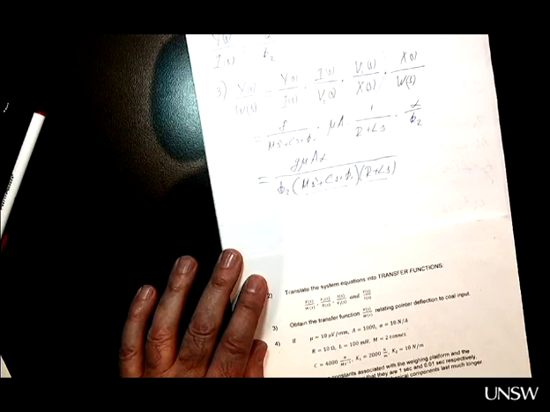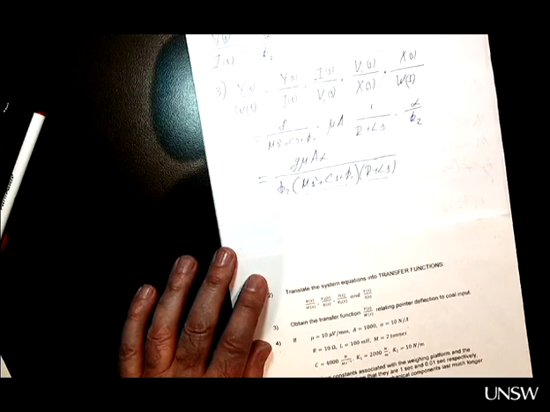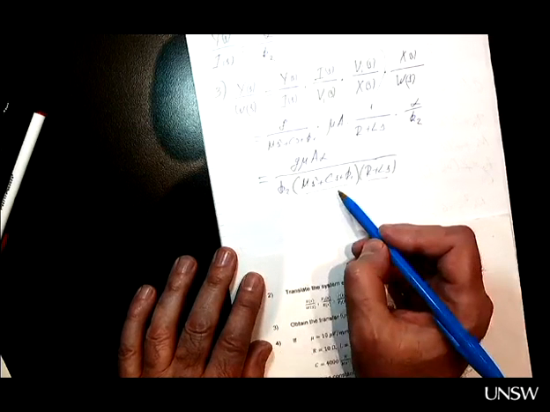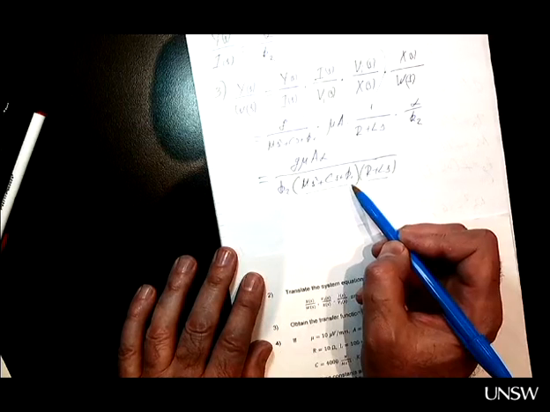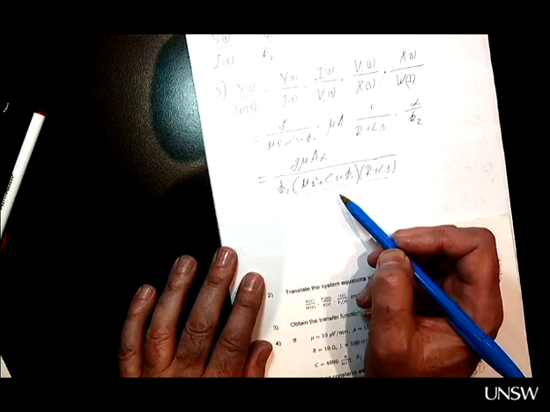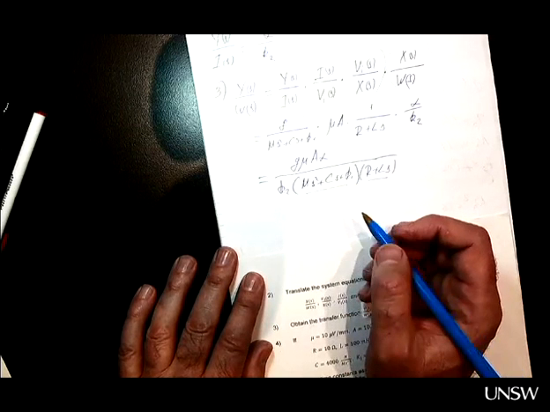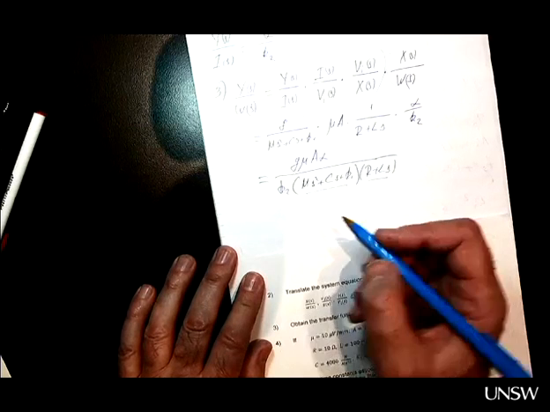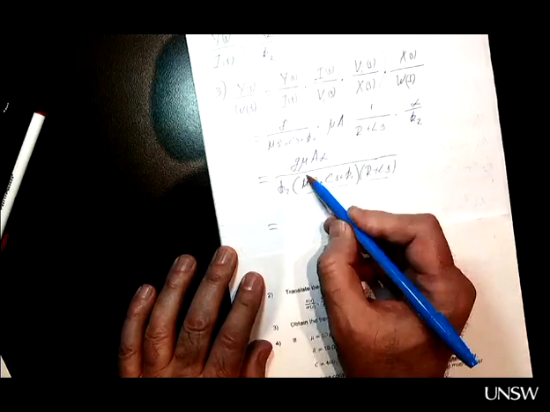To find the time constants, you need to write the normalized form of the transfer function. No, to write the non-dimensional form. So you need to get m and l outside.